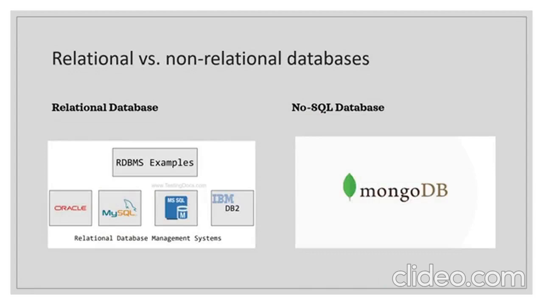We have different types of relational database management systems like Oracle, MySQL, IBM DB2, and Microsoft SQL. And what is a relational database management system? It is a program that we use to create, update, and manage relational databases.